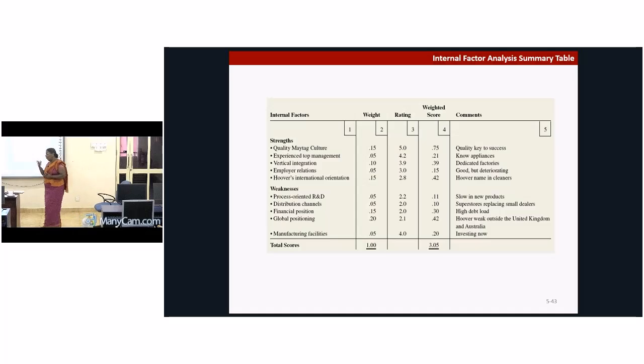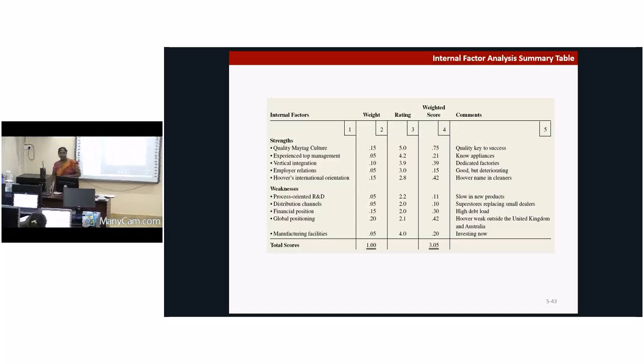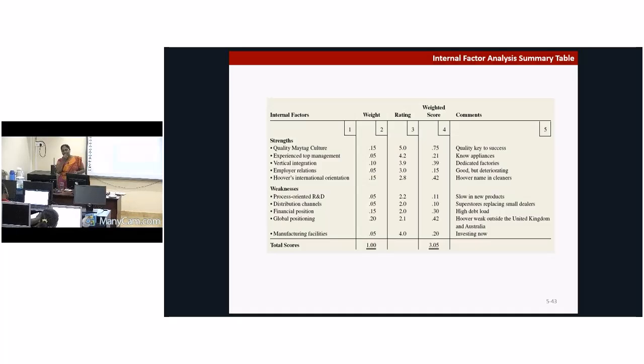This is how you do an internal analysis. Basically, you understand what the resources, capabilities, competencies, structure, culture and other functions are, and first identify whether they are weaknesses or strengths.